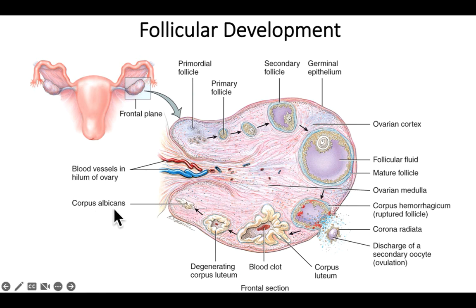So corpus albicans means white. So the yellow mass kind of collapses and becomes this tiny little white mass that no longer produces hormones.